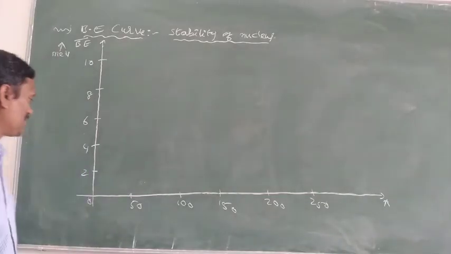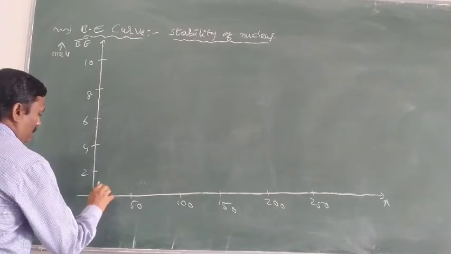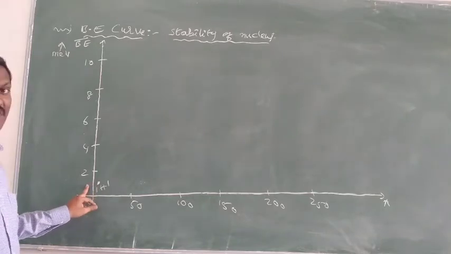But how does the average binding energy change from one element to another element? The starting element is hydrogen, 1H1, whose average binding energy is 1 MeV.